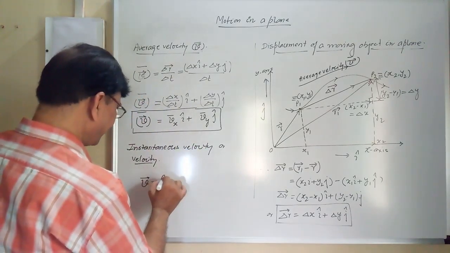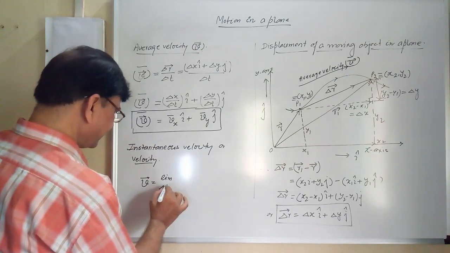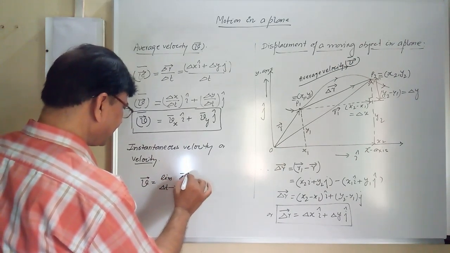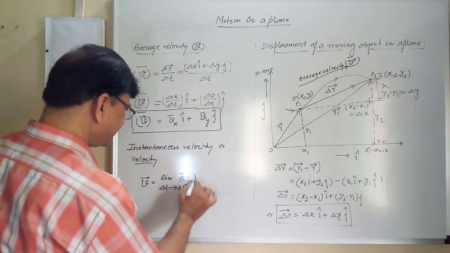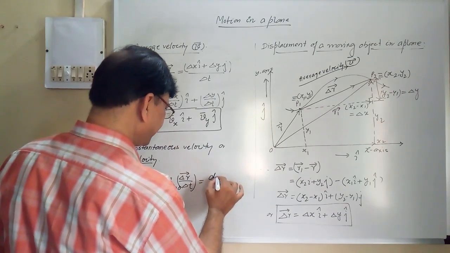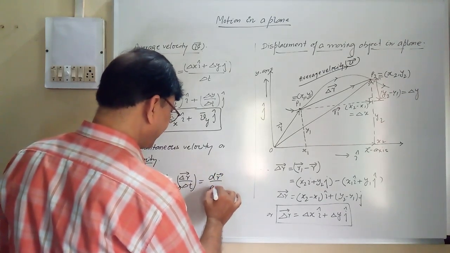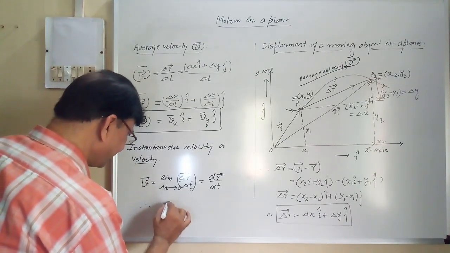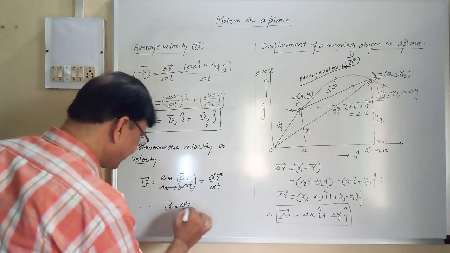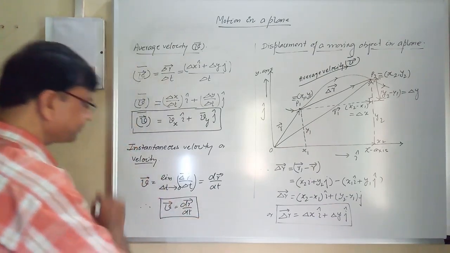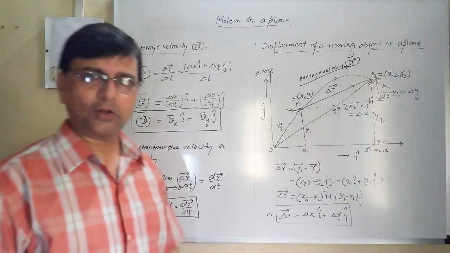It is given by the limit delta t tends to 0 of delta r upon delta t, right? And this is denoted by dr by dt. Therefore, instantaneous velocity v is equal to dr by dt. So this is the instantaneous velocity.